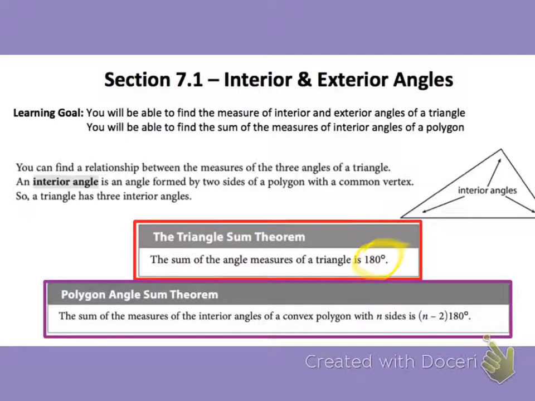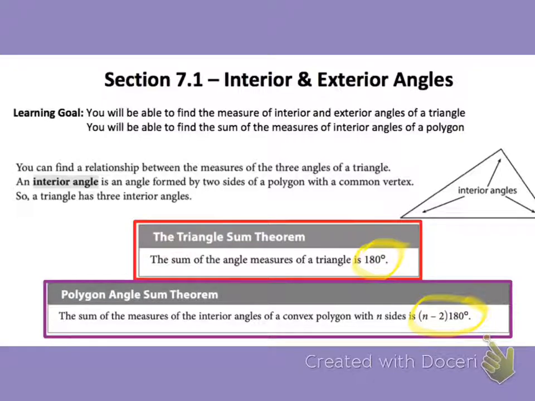It says that the sum of the measures of the interior, meaning inside, angles of a convex polygon, convex meaning that it doesn't have any dents or holes in it, more of the typical polygon we're used to seeing, with n sides would be equal to n minus 2 times 180 degrees. So the reason why that works is this.